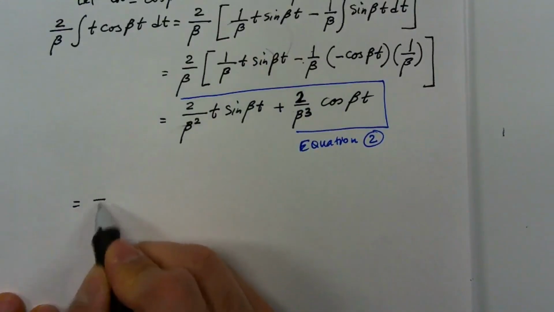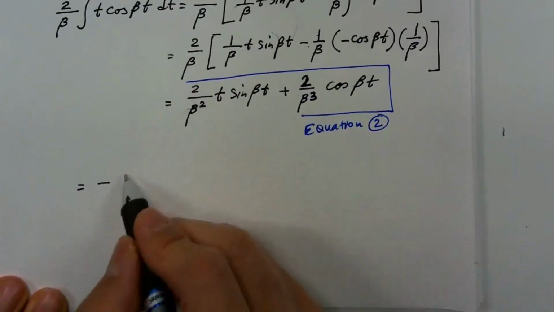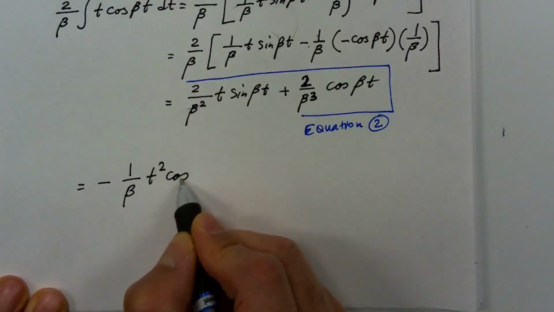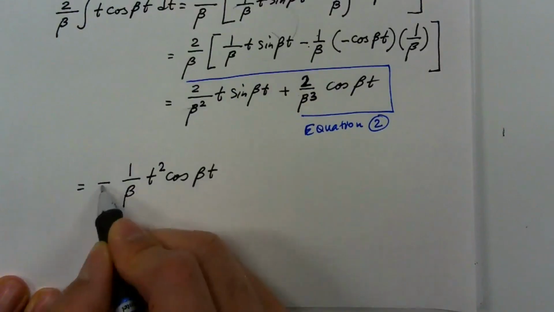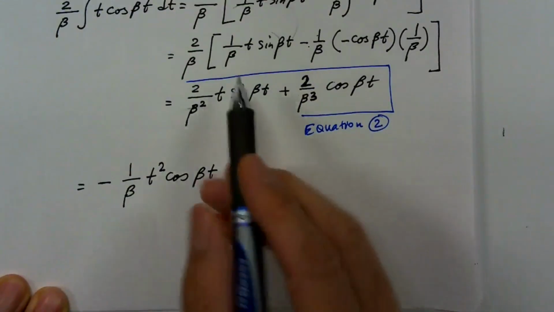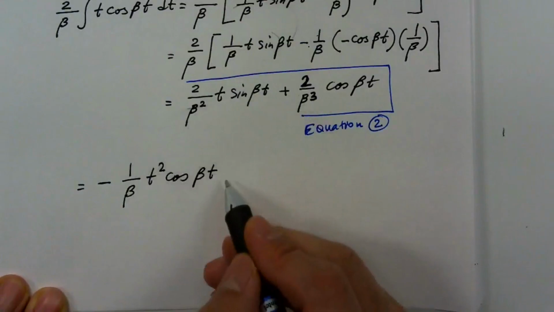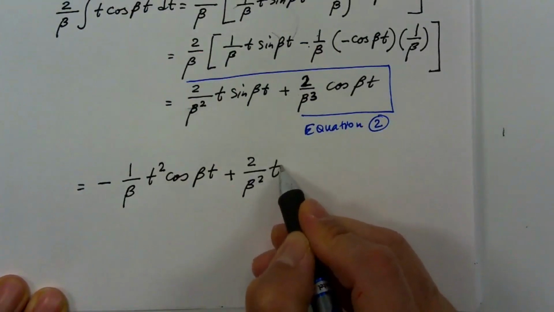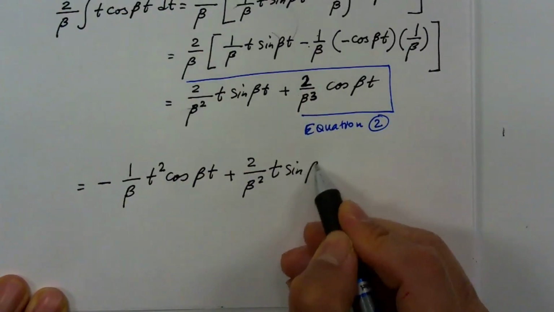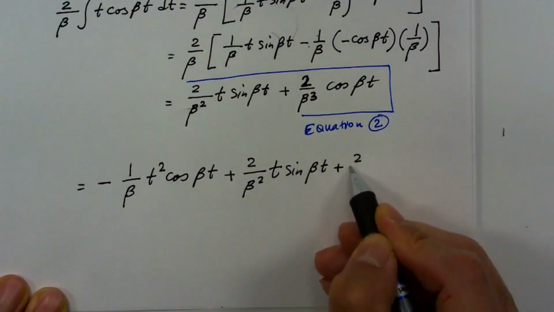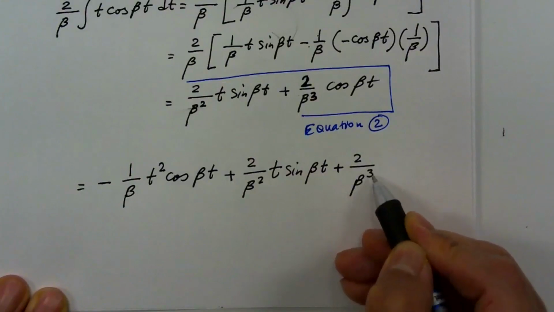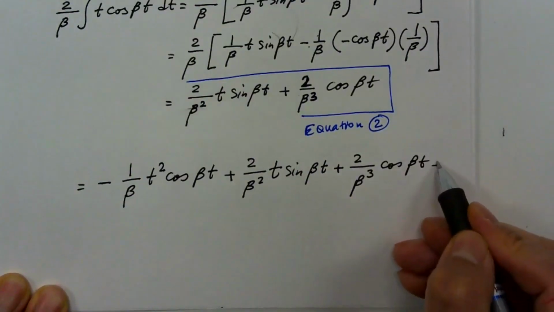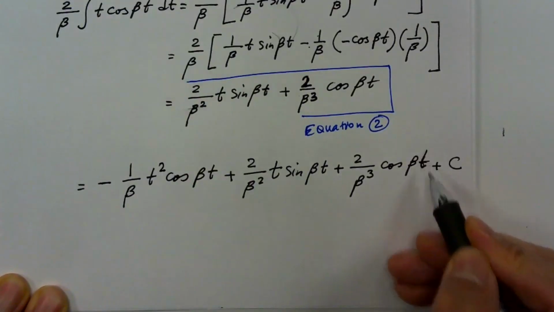So we have minus 1 over beta t squared cosine of beta t, and then this piece that you can see on the screen, plus 2 over beta squared t sine of beta t plus 2 over beta cubed cosine of beta t, of course, plus c.